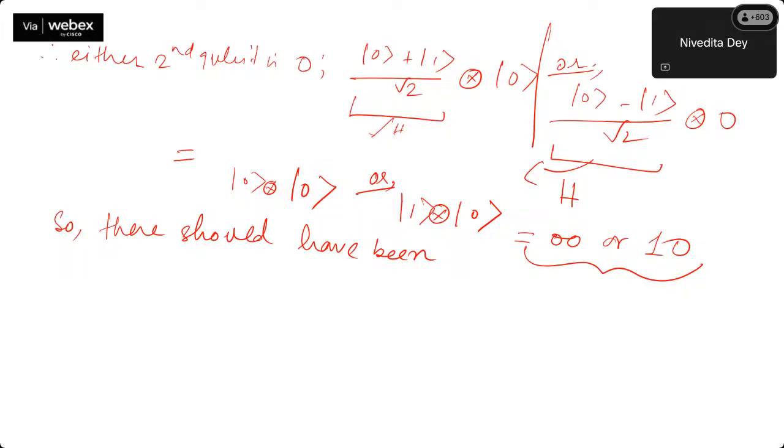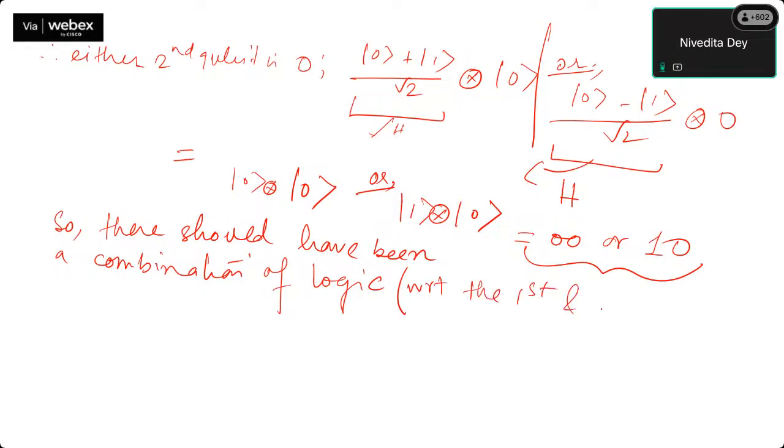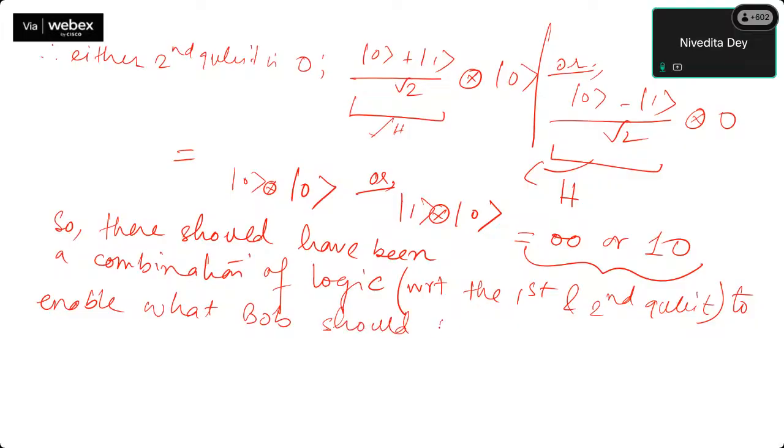So there should have been a combination of logic with respect to the first and second qubit to enable what Bob should infer.